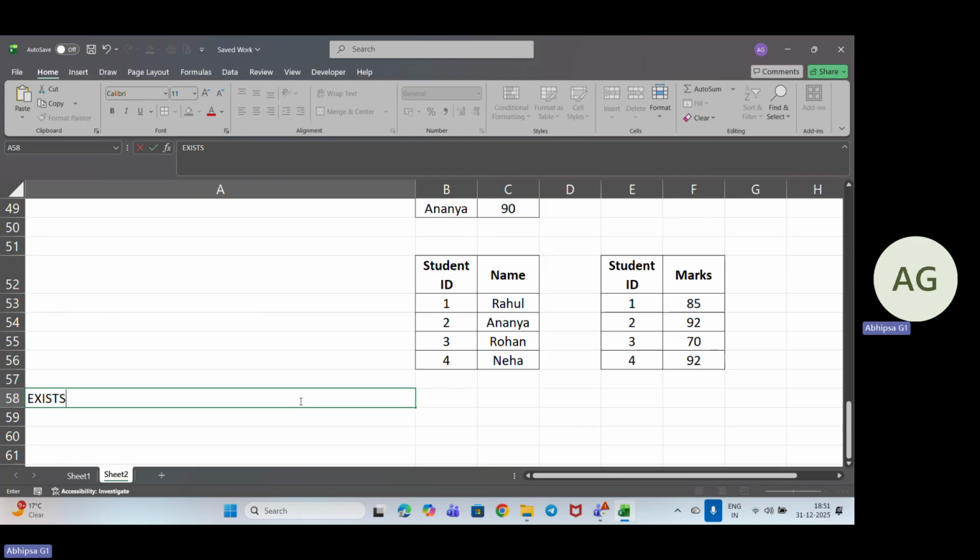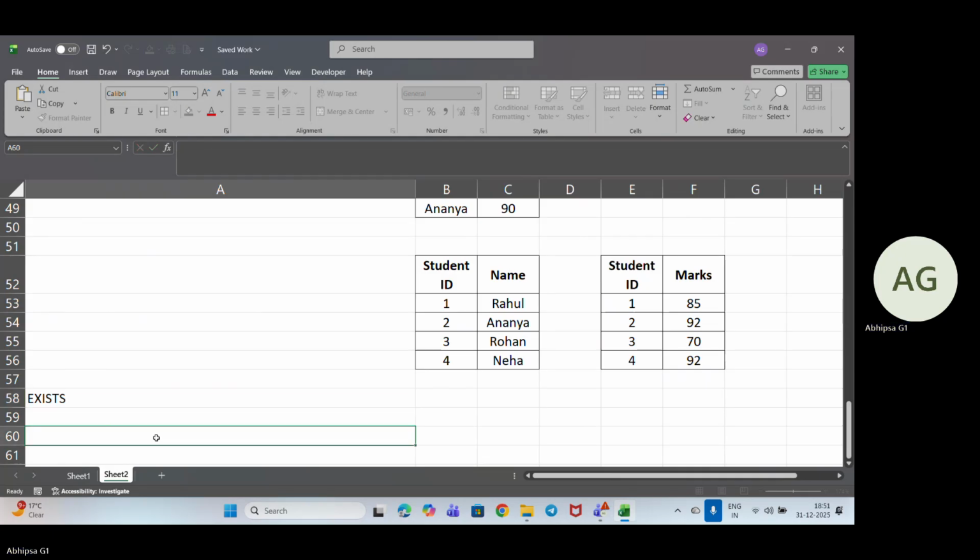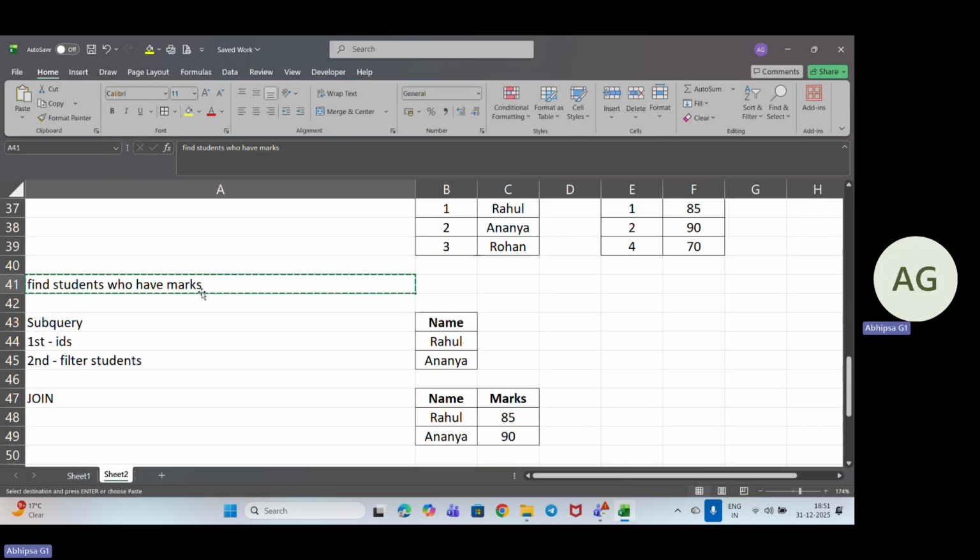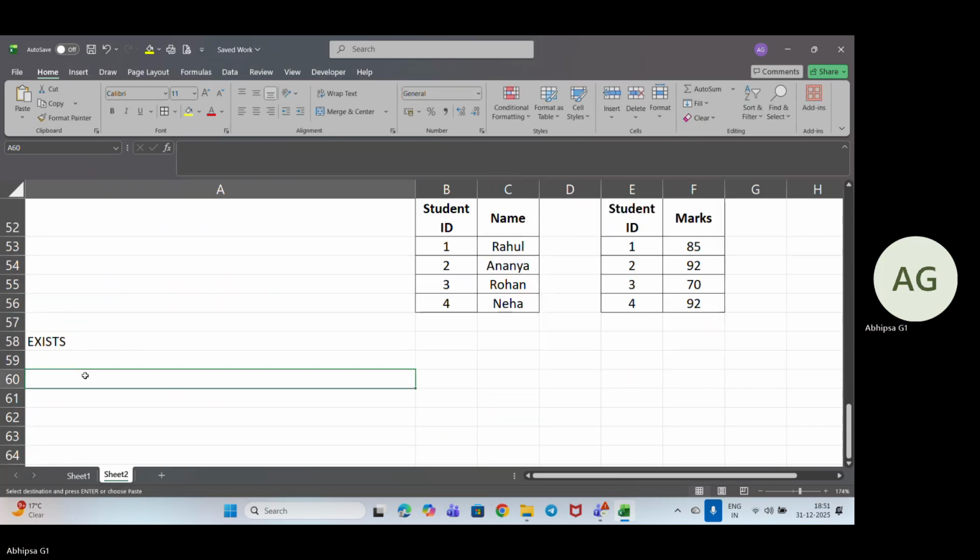Okay, now coming down to the query that we need to find. Now I want to find the students who have marks. Same query we will be taking. Now what it will do is check the marks table first. If the student ID exists there, in that case that student would be included.